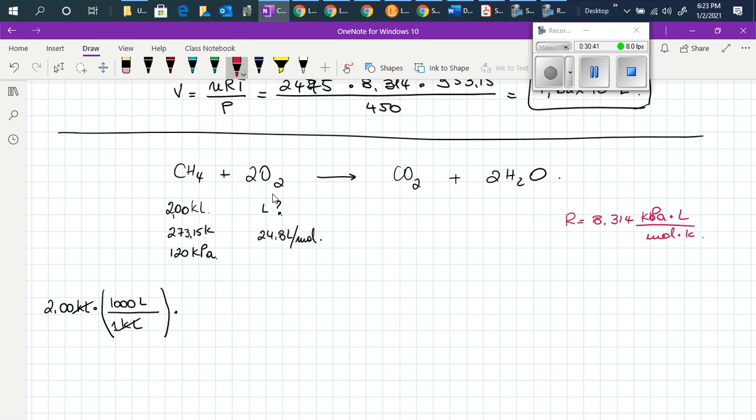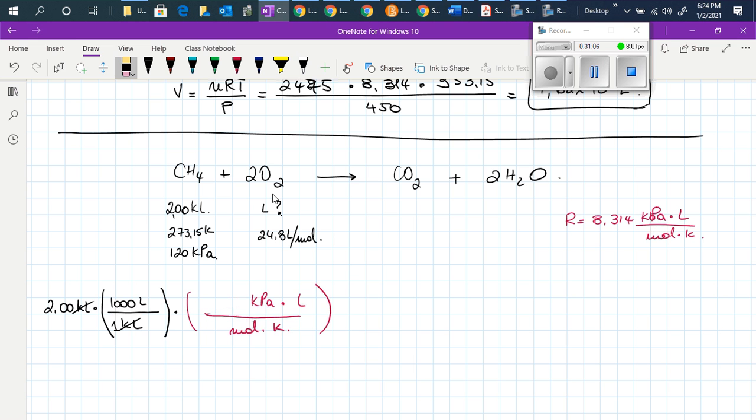Now, if we are writing it as 8.314 kcal over mole K, then we cannot cancel the liters here, volume here. So therefore, we will not do that, okay?